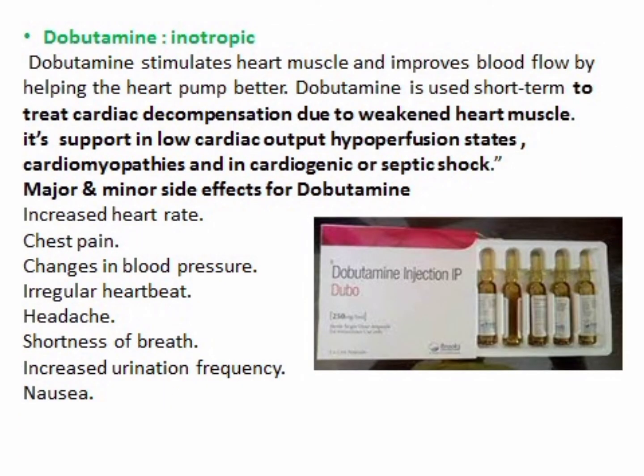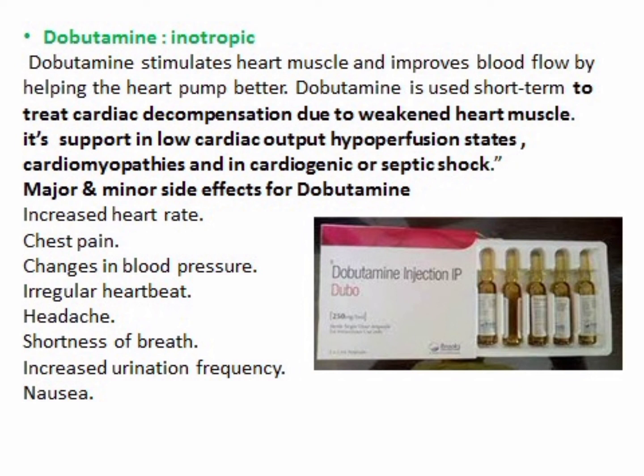Next is Dobutamine. Dobutamine is an inotropic drug. Dobutamine stimulates heart muscles and improves blood flow by helping the heart pump better. Dobutamine is used short term to treat cardiac decompensation due to weakened heart muscles. It supports in low cardiac output, hypoperfusion states, cardiomyopathies, and in cardiogenic or septic shock.